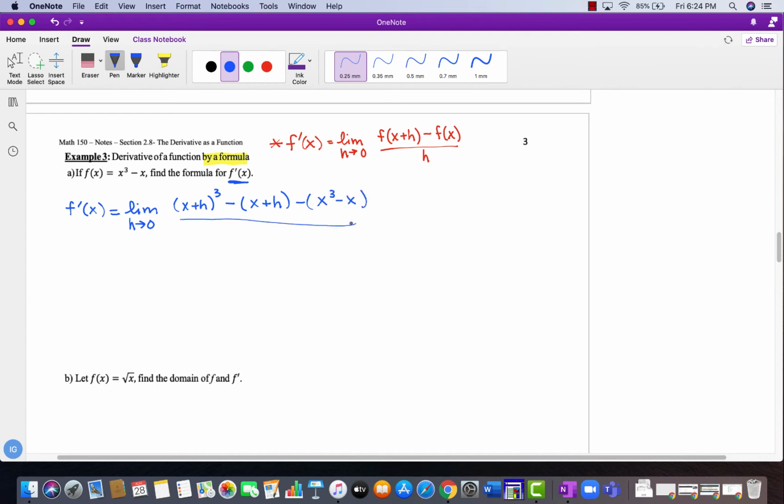I'll let you do this. All right, so then here comes the fun part where you have to simplify everything. I'm going to write it myself, and then you guys can check your answers, but please try it yourself first, okay?